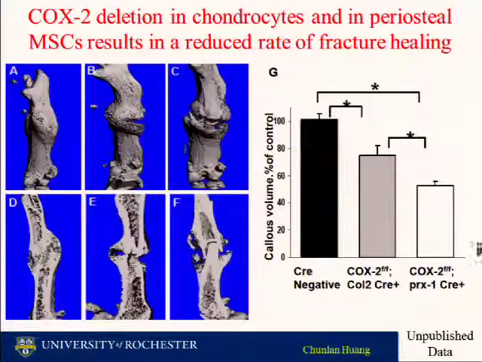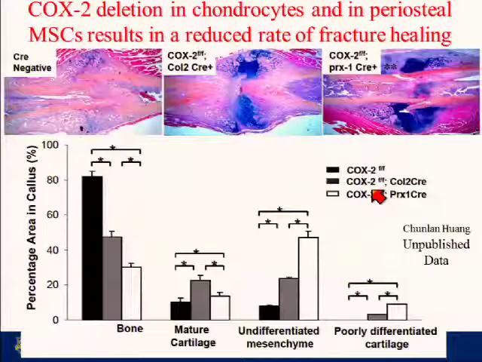And what you see is that, again, there is less formation of bone. The mesenchymal tissue has delayed accumulation, and subsequently, following that, delayed differentiation into bone tissue.